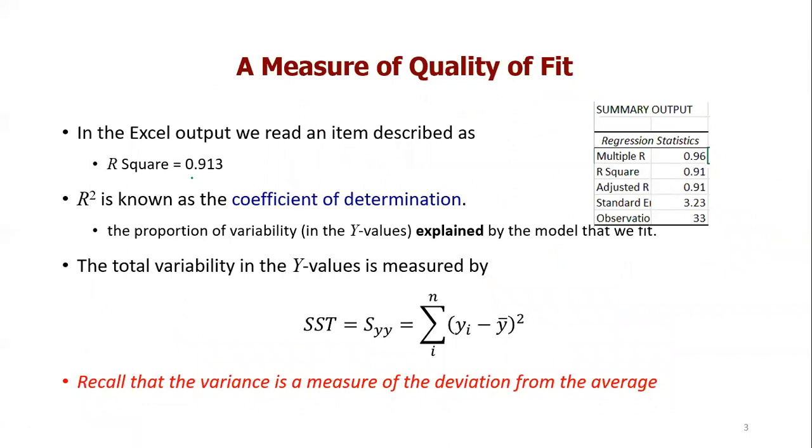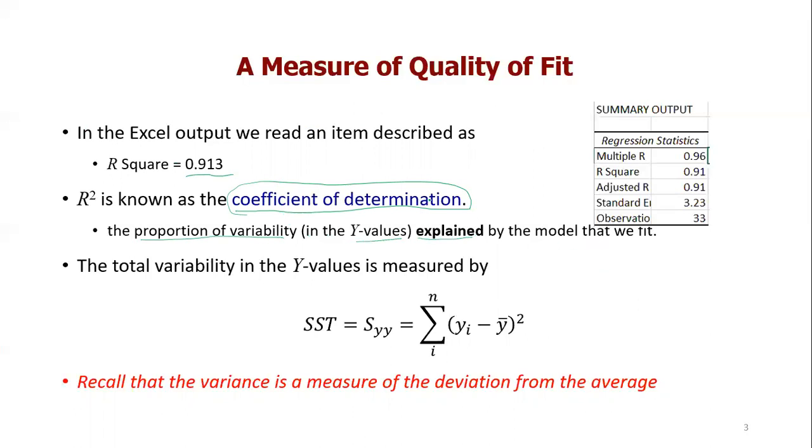In the Excel output, we have something called R squared, which is called the coefficient of determination. What is it used for? It's the proportion of the variability in the y values explained by the model that we fit.